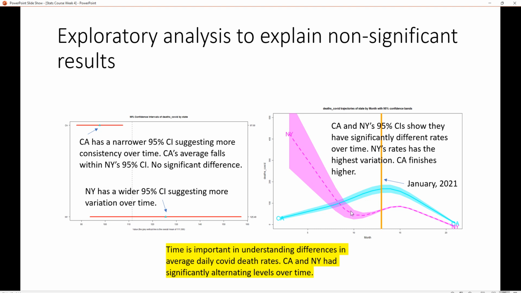So in this purple band, we see that it's New York's confidence interval, and in the blue band, we see California's rate with its confidence interval. So we see in the beginning, the average daily deaths was really high in New York. I'm using the smoothed trend lines. The rates for the actual numbers go up and down, and it's just kind of harder to understand what's going on visually.